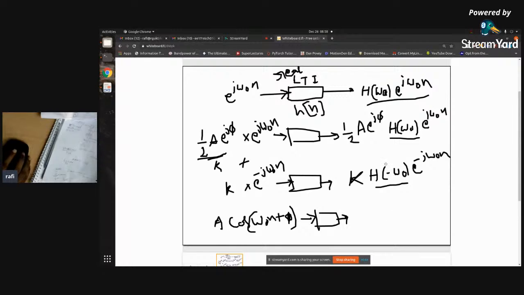So the magnitude will be the same for these two, and the phases will be complex conjugates. So you will get h of omega naught into a cos of omega naught n plus phi. Here these two will be the same for a real function.